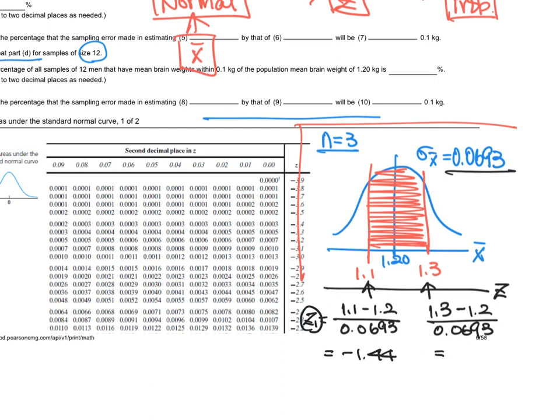And the positive one is 1.3 minus 1.2 is a positive 0.1 over the standard deviation 0.0693. Then we have a positive 1.44. So here is a negative 2 point something. So let me go to the next page. The next page.